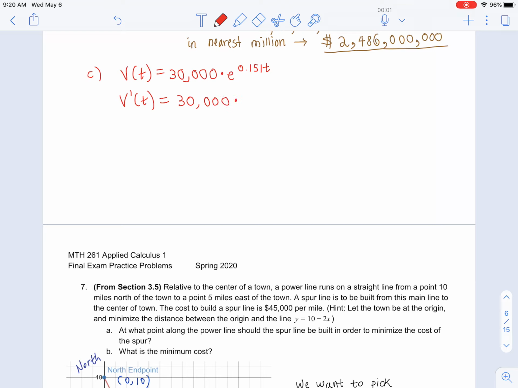Okay, so 30,000 stays right there times e to the 0.151t times the derivative of the exponent, right? d/dx of 0.151t. So what's that going to be? That's just going to be 0.151 times e to the 0.151t. So simplify this.